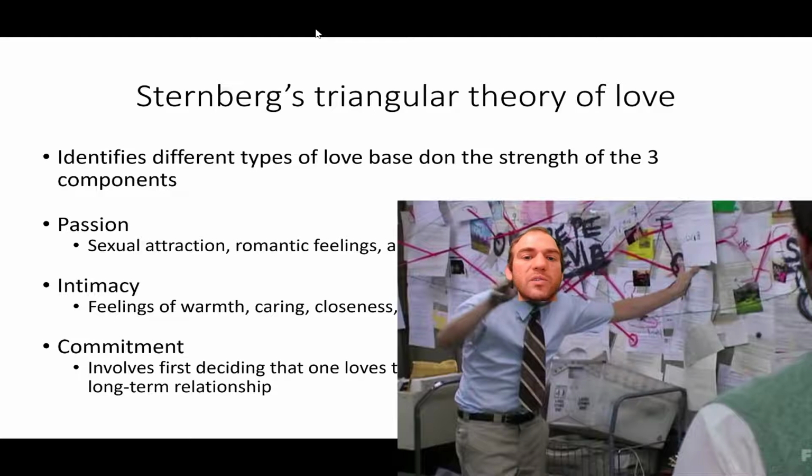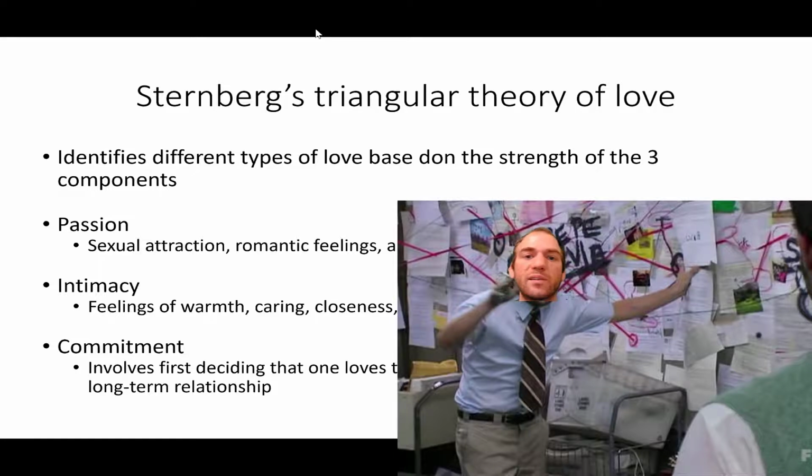So the idea here is that you have three components, and you can range in the strength of the three components, and the relative strength of said three components contributes to classification labels associated with the strength of the three components. So you could be high on commitment, high on intimacy, and low in passion, for example, or high in passion, high in intimacy, and low in commitment, for example.